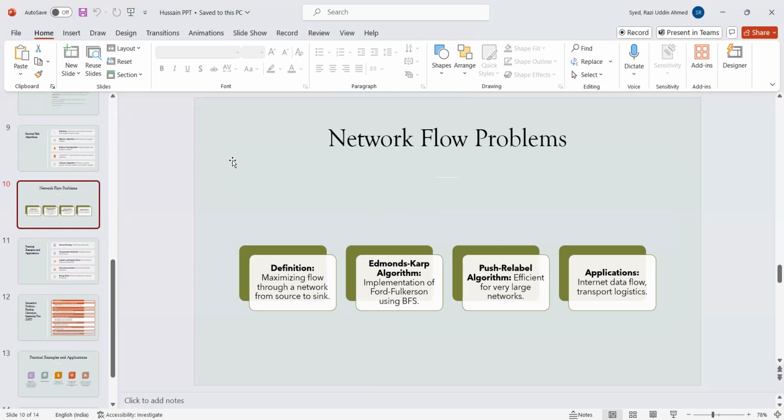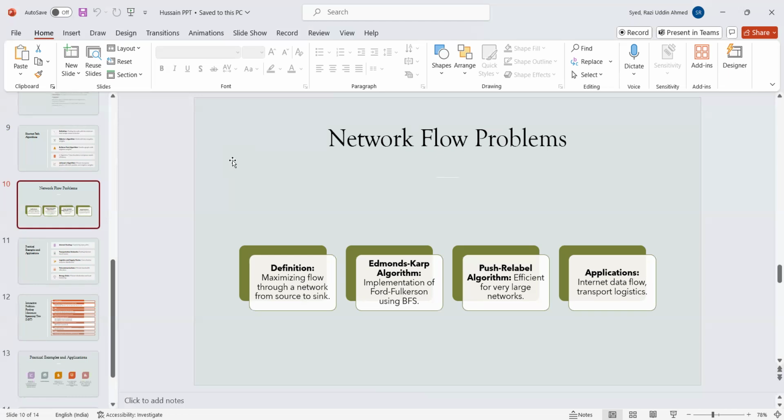Now we'll move on to the next slide, network flow problems. These problems involve finding the maximum flow from a source node to a sink node in a flow network where edges have capacities. An algorithm for network flows is the Edmonds-Karp algorithm, an implementation of Ford-Fulkerson using BFS.